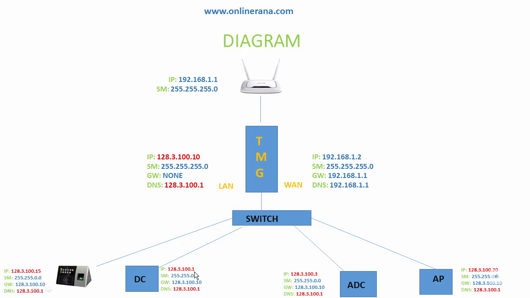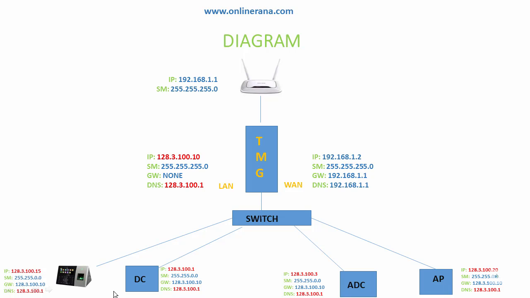I have set 128.3.100.1 to allocate my DC, 128.3.100.3 to ADC, and other IPs are just 128.3.100.15 is a machine, and 128.3.100.20 is my access point.